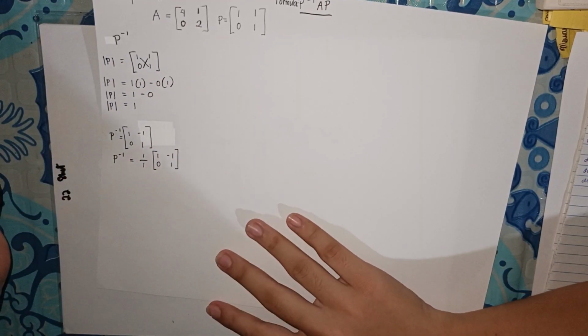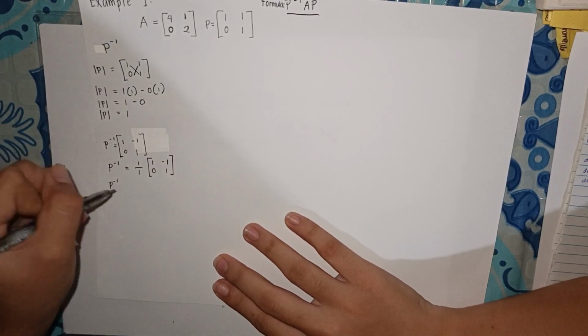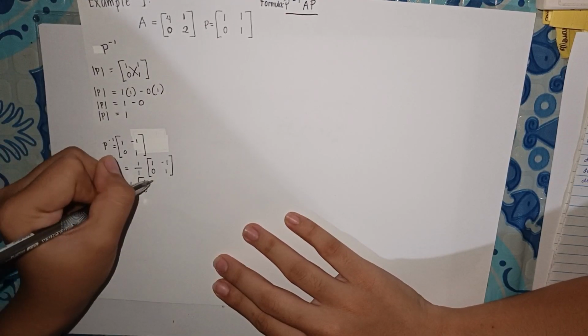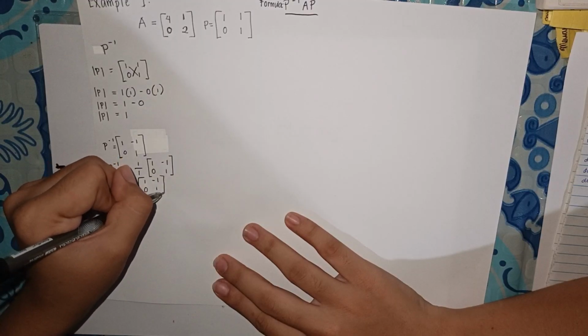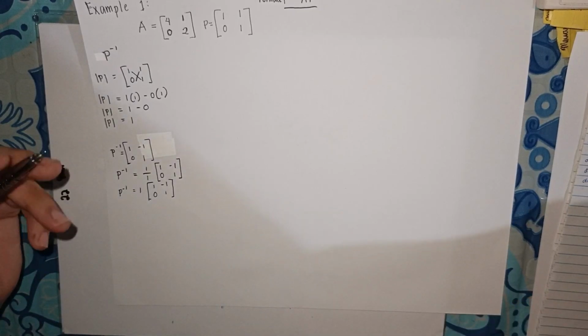So, that is equal to 1, 1, 0, negative 1, 1. 1 divided by 1 is 1.